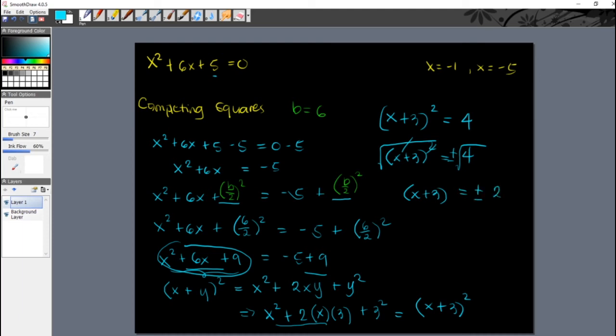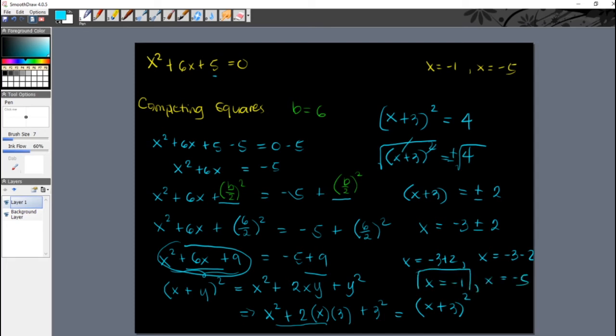So then we're going to solve for x here. This becomes x equals -3 plus minus 2. So we have two values of x: x equals -3 plus 2, and x equals -3 minus 2. What is -3 plus 2? That's x equals -1 and x equals -5.